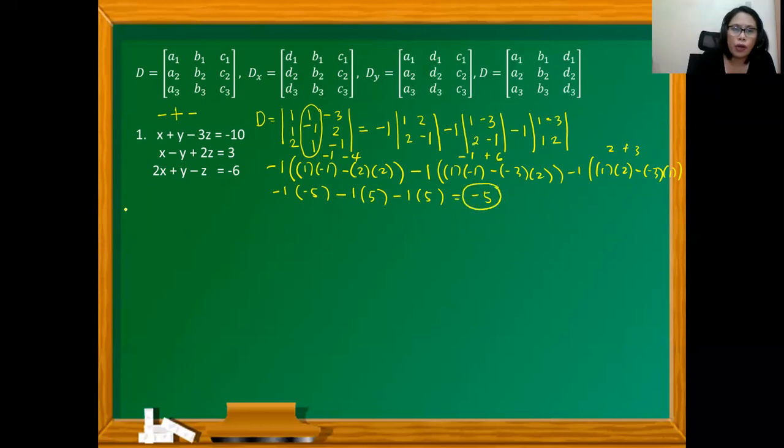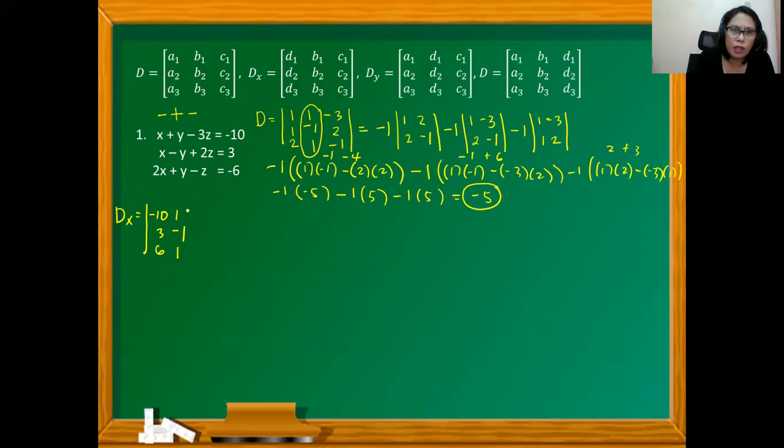So let's work on D sub x this time. For D sub x, we're going to consider the elements of the constant term. So we have negative 10, 3, and then 6. We have 1, negative 1, and 1 here.